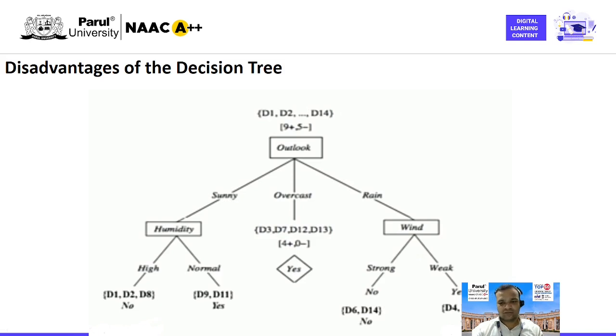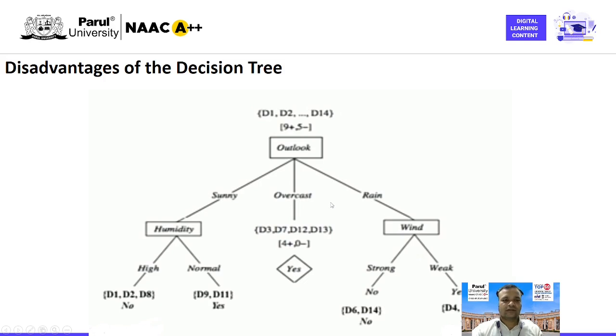This is also clear in the previous slide. At the time of overcast, we can play golf. D6, D14 samples cannot play the game, they said no one can play at the time of strong wind and rainy weather. And D4, D5, D10 said yes, we can play the game at the time of weak wind and rainy weather.